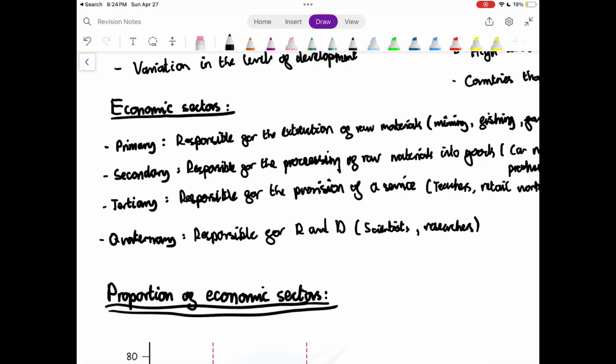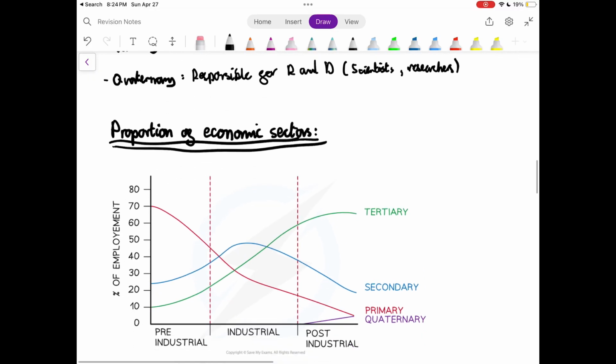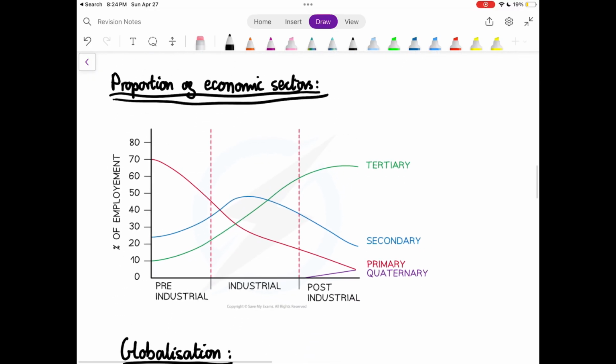And now you need to know the change in the trends of the economic sectors as a country develops. What happens is that in the pre-industrial period, as you can see, the primary sector is the highest, while the secondary and tertiary sectors are lower.